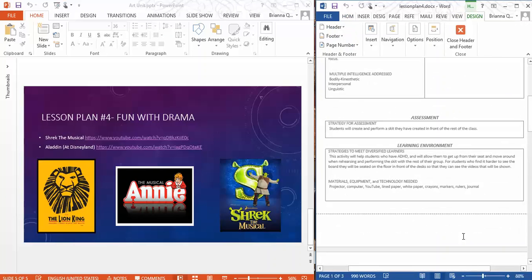And other than that, students really won't be needing a lot of printouts for the 4 lessons. It's mostly going to be looking at and analyzing different videos. For the drama, it's going to be looking at clips of musicals. For the music lesson, it's going to be looking at different songs and analyzing the lyrics.